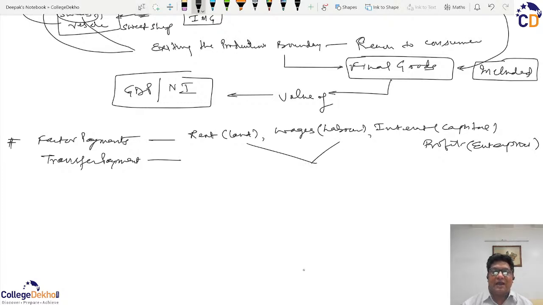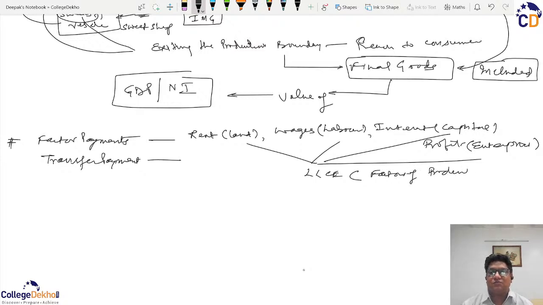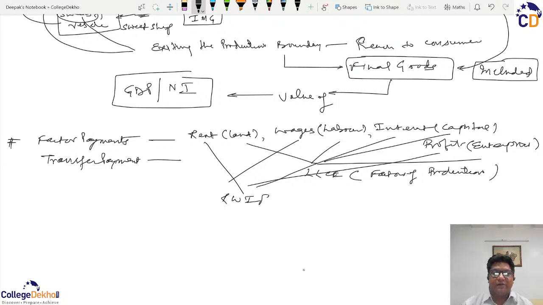So this LLCE, they constitute the factors of production, as already discussed in the first session on national income. And this rent, wages, interest and profit, that is RWIP, they constitute factor payments from the point of view of the firm, or the factor incomes from the point of view of the household, but they are one and the same thing.